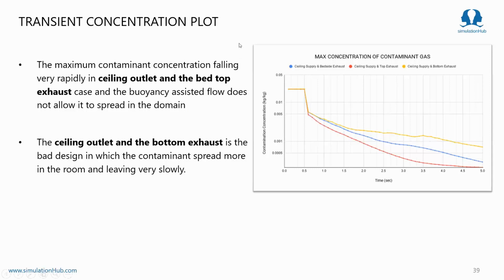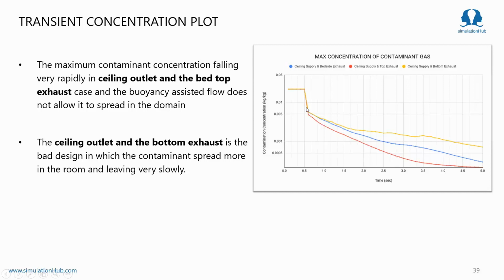So you can see on the right hand side the maximum concentration of contaminant gas in the room and how it is decreasing. From here, you can see that during the coughing period, that is up to 0.5 seconds, the concentration of contaminants in the room is constant, equal to 0.02, that is what we are applying.